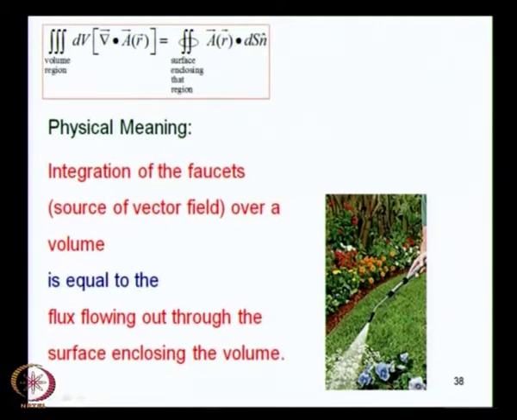If this is a rusted one, there may be some holes on the top as well. Okay, that is not the one that you want to use, but who knows, there may be some. And if you integrate over all the faucets, over a certain volume region, then you are going to get the net flux which is coming out through the surface, which encloses the whole volume. So, it is essentially a conservation principle.